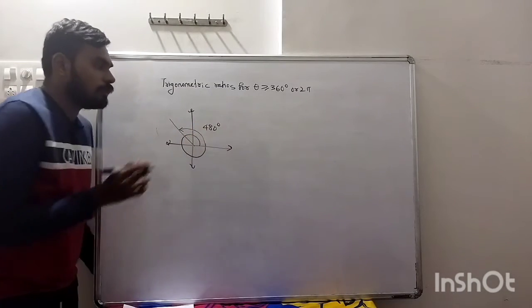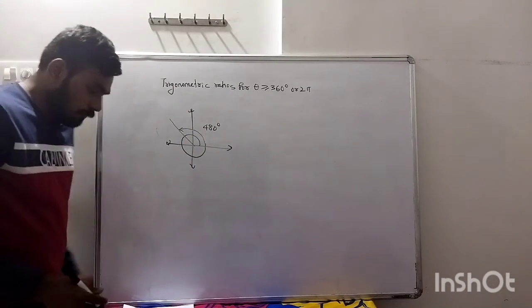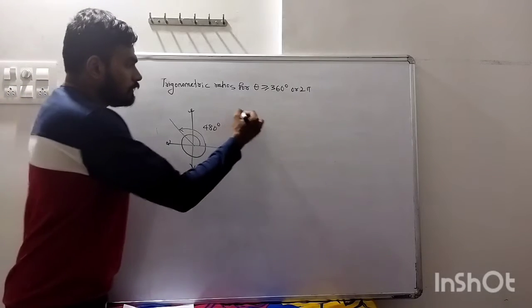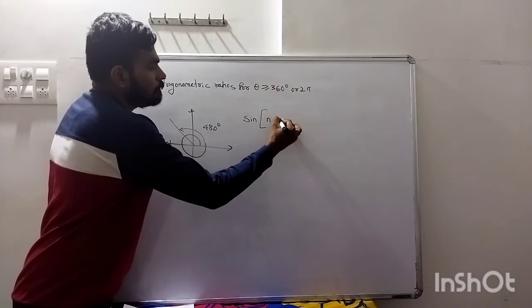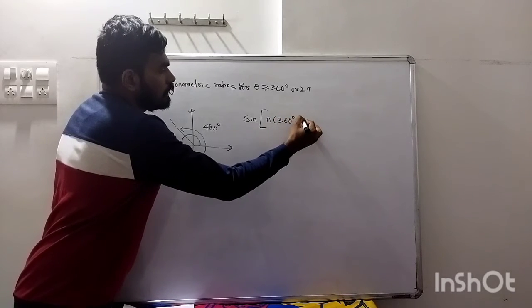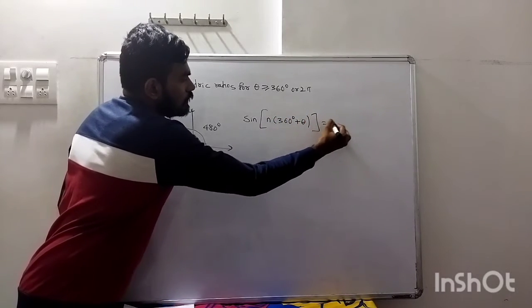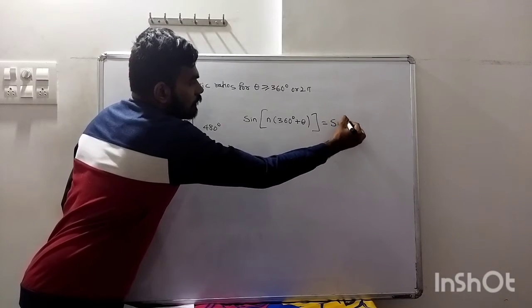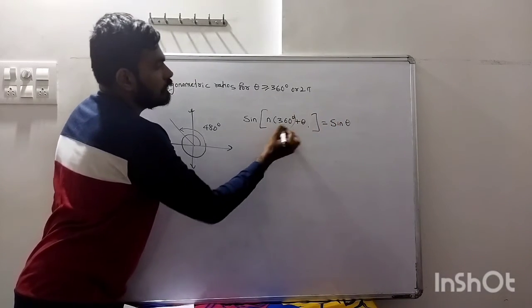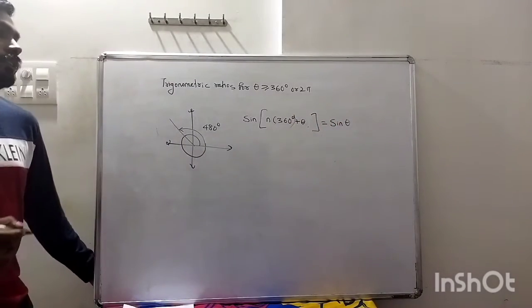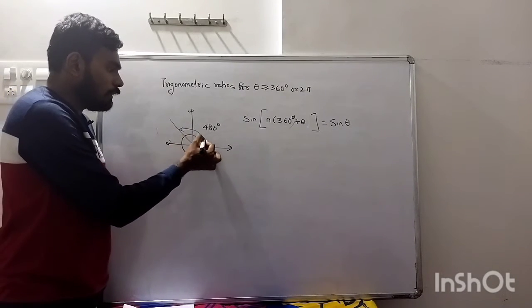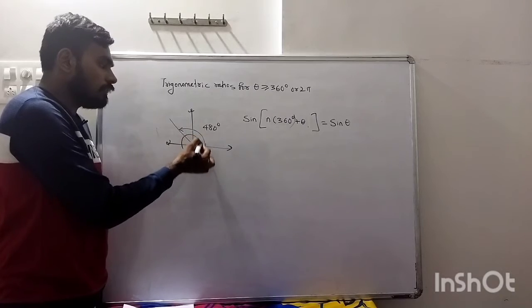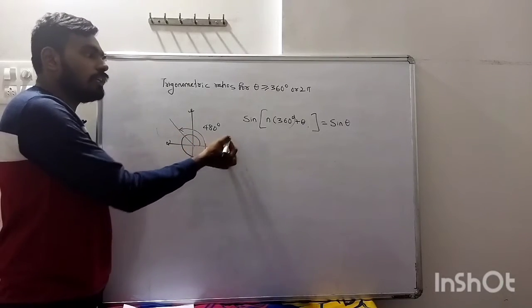So for these angles what to do? What are the trigonometric ratios? For these angles also there is a formula. It is sine of n into 360 degrees plus theta, same as sine theta, remember. Why? See, if I rotate from here to here, again I get back here only. If I rotate from here to 30 degrees, again I will get back to 30 degrees.